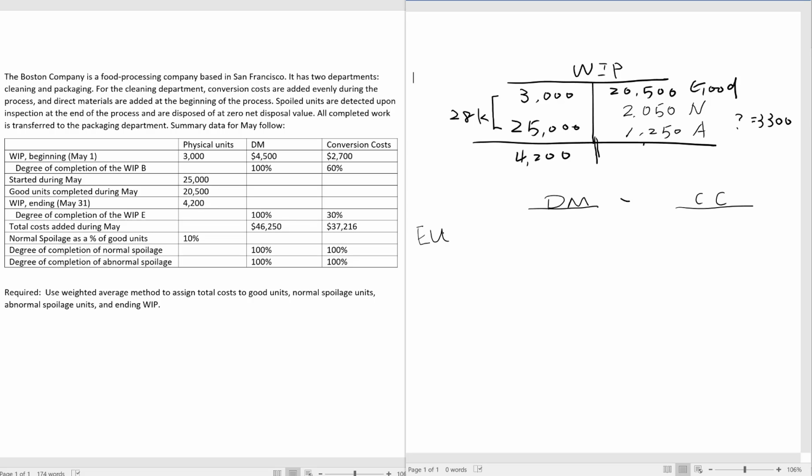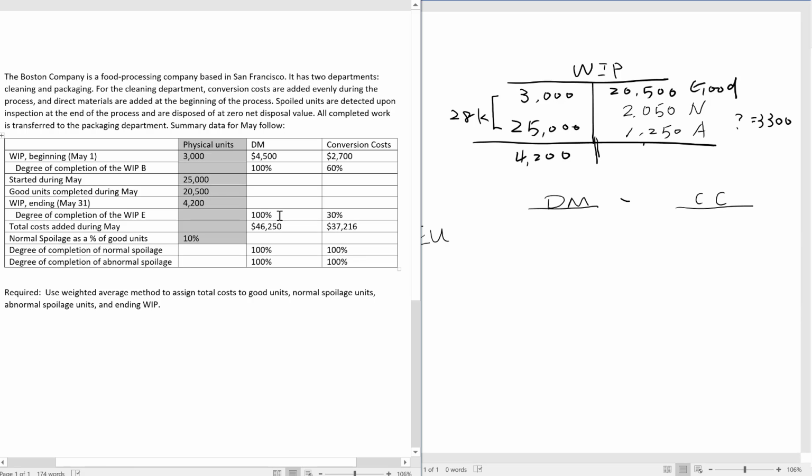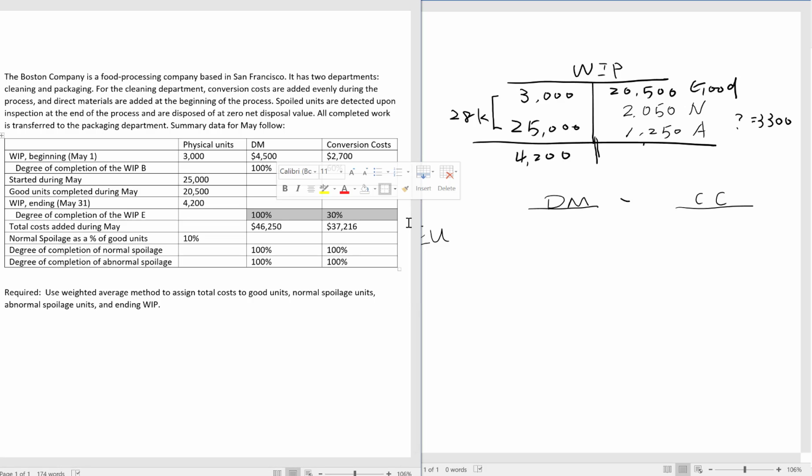The credit side units are all 100% completed, and ending work in process units are 100% completed in terms of direct materials and 30% completed in terms of conversion costs.